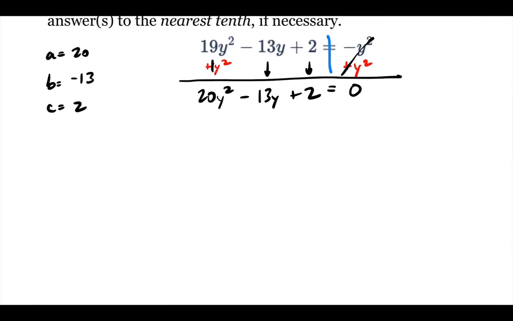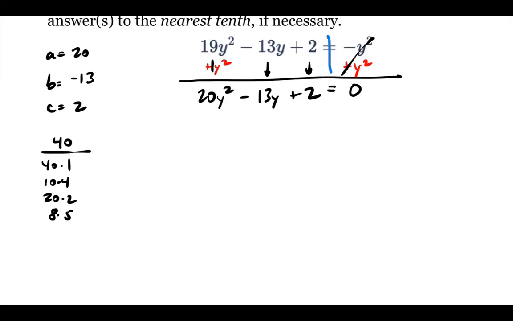Next step, A times C. A times C is positive 40. Now, are there numbers that multiply to be 40, but add up to be negative 13? Let's see, what are the numbers that multiply to be 40? 40 times 1, 10 and 4, 20 and 2, 8 and 5.